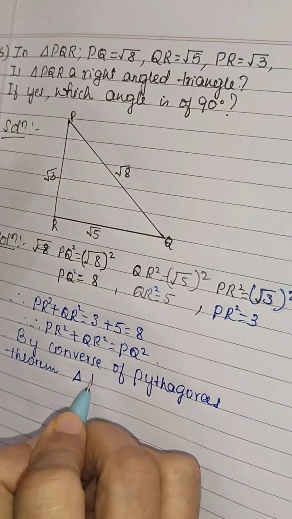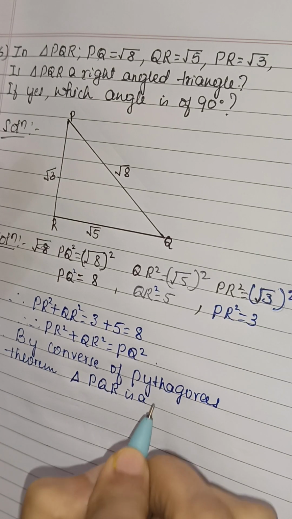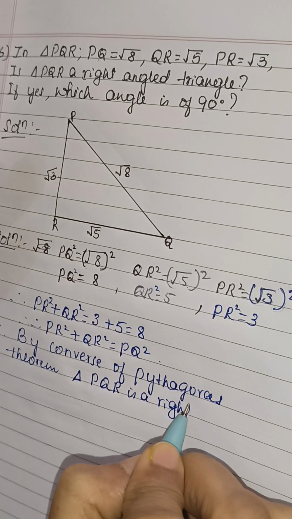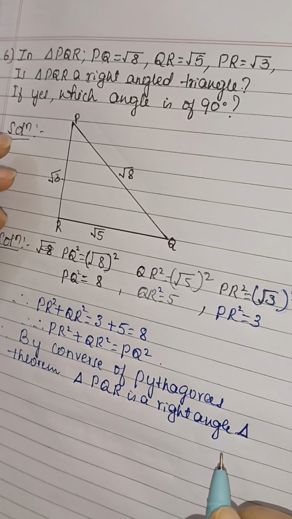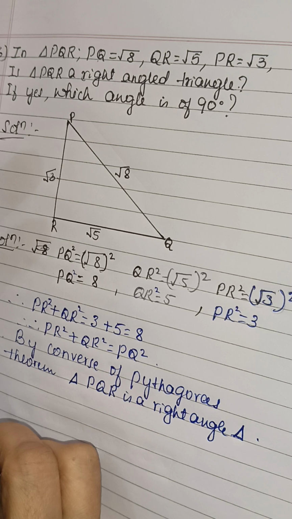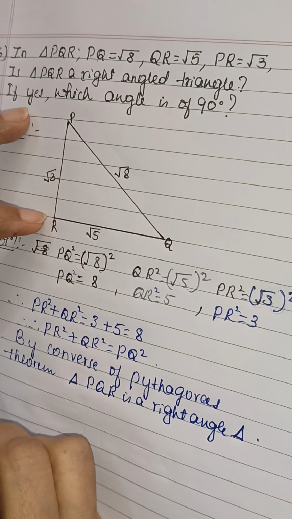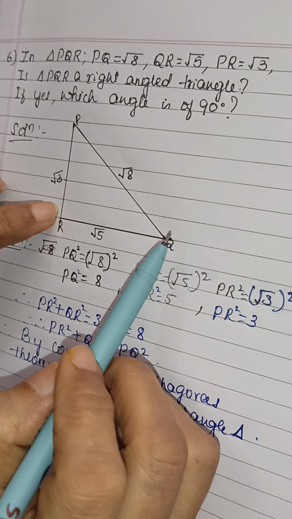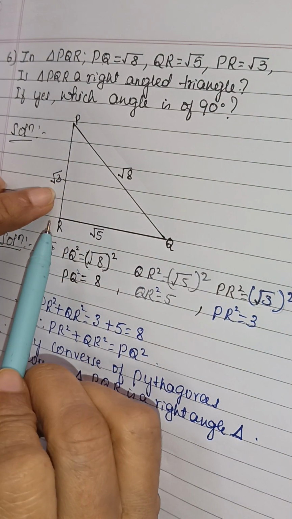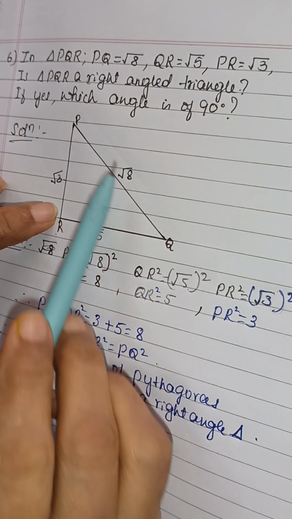triangle PQR is a right angle triangle. Second question: if yes, which angle is 90 degrees? Angle R is 90 degrees here, because PQ is the hypotenuse, that is PR square plus RQ square equals PQ square.